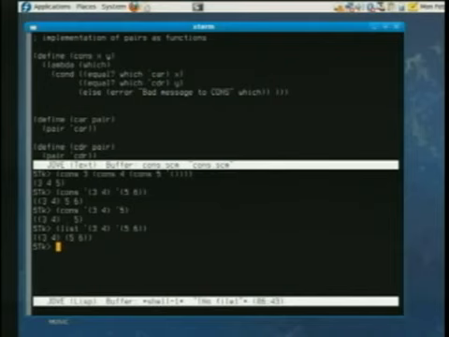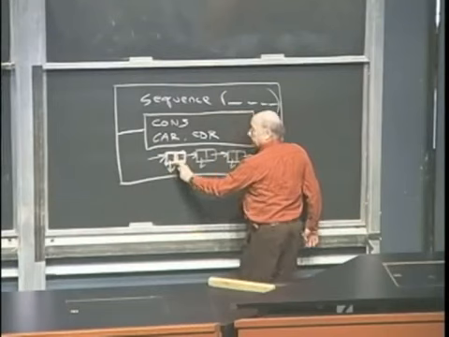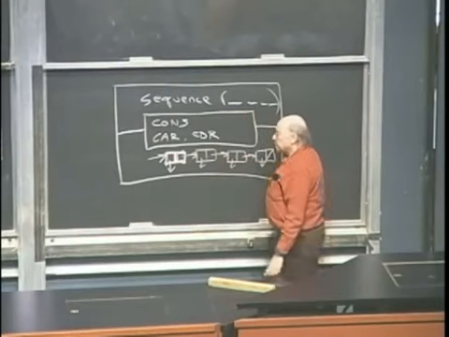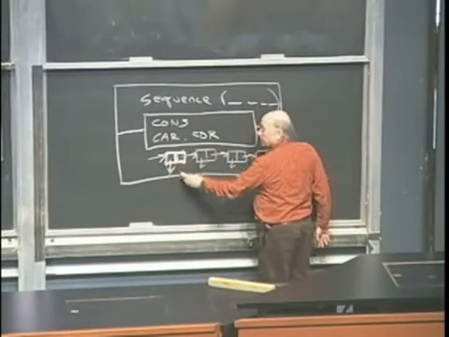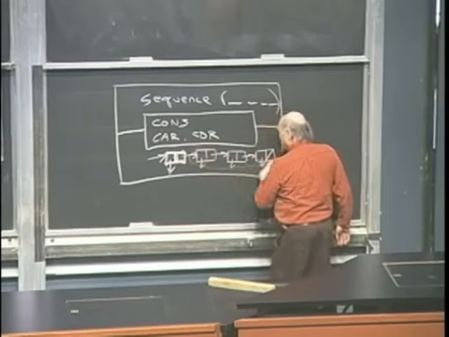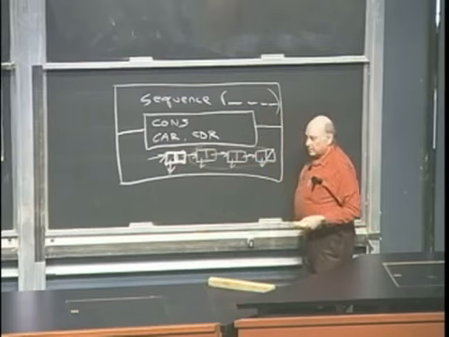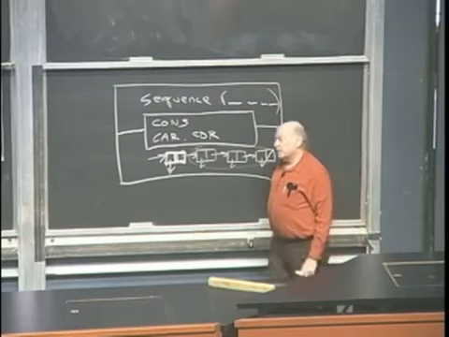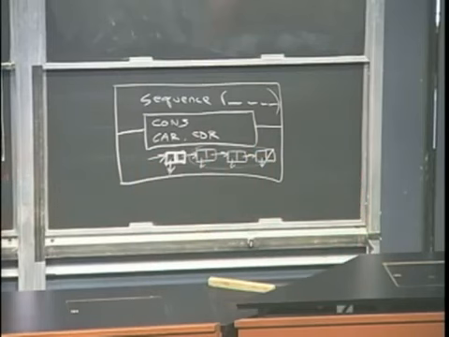Okay? Cons, remember, look at that picture again of how we make lists out of pairs. So if I say cons to produce this pair right here, what I'm doing is I'm saying stick one new element in front of this whole list. So when I use cons to make a list, the first argument is an element, the second argument is an already existing list.